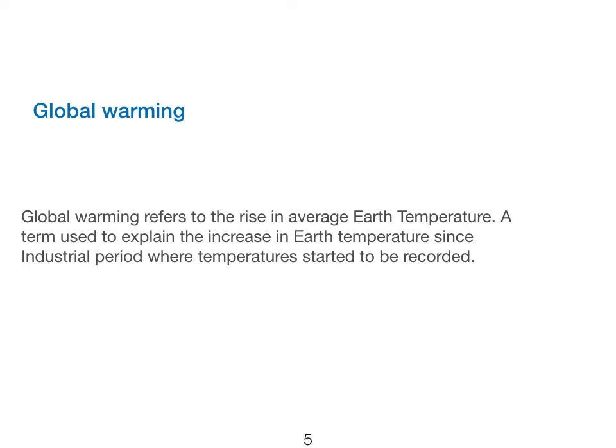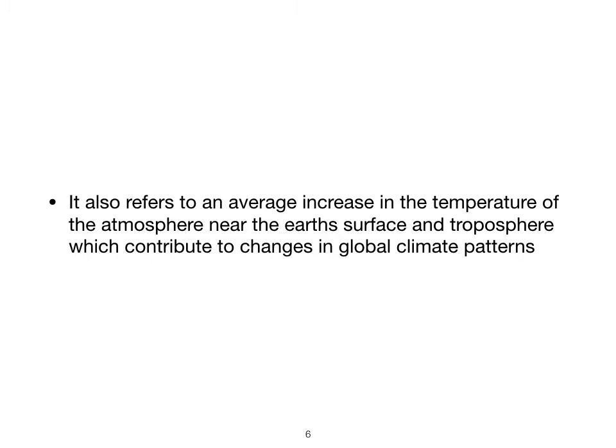So yes, it's more about the temperature. It's about the rising temperature. It's about the heat that global warming refers to. So yes, this is the basic concept that we can talk about for global warming, but it basically refers to the rise in average Earth temperature. And another explanation for this can be that it refers to the average increase in the temperature of the atmosphere near the Earth's surface and troposphere, which obviously contributes to global climate patterns.